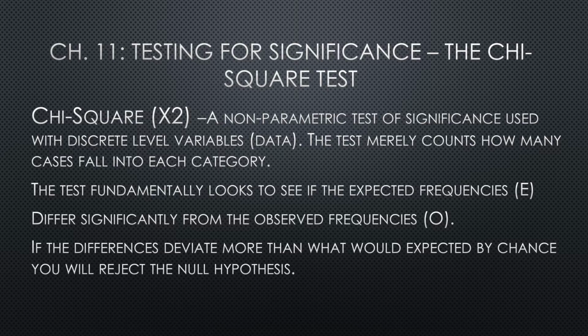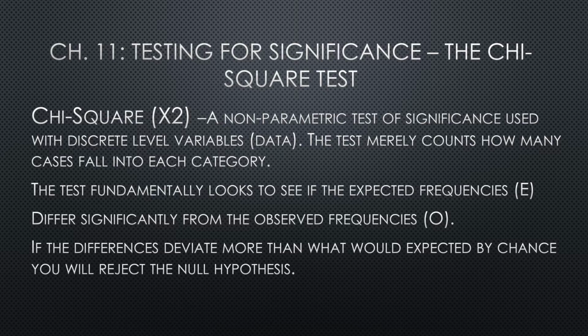You can't have zeros, ones, and twos in each cell, meaning you can't have one junior that can do 10 push-ups because you can't run statistical tests with that few people. So remember, chi-square is designed for nominal and ordinal level variables where you have a limited number of cells. Again, remember the 2x2 cell that we talked about. I'll show you some examples as we move through this.